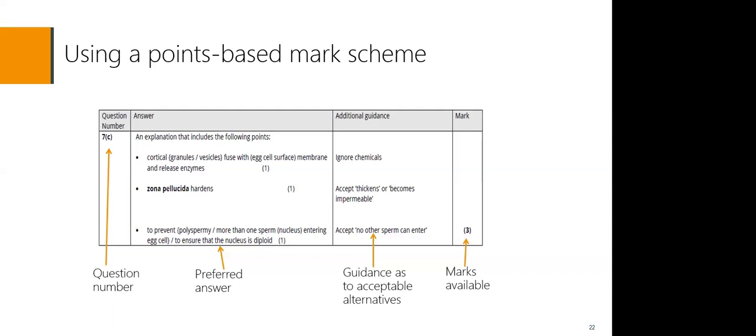Smooth brackets identify contextual information that may be omitted in the candidate's response but should not be contradicted. So the mark would be awarded if candidates described cortical granules fusing with the cell membrane and releasing enzymes.